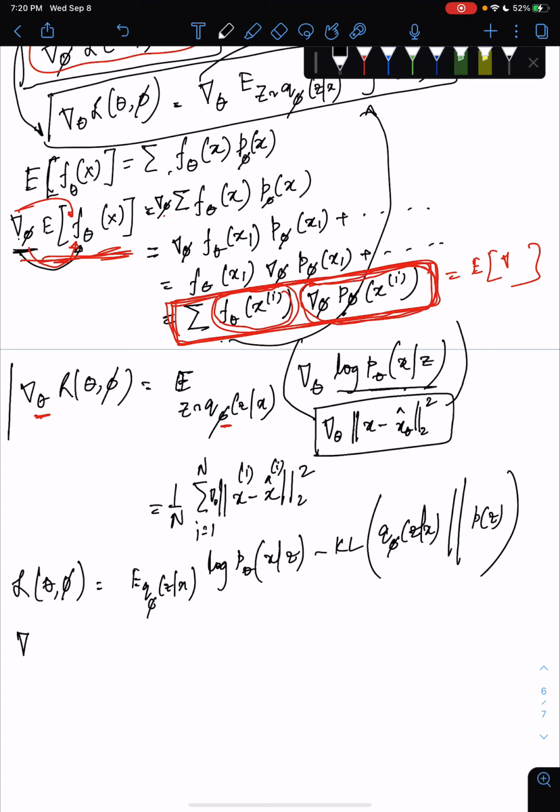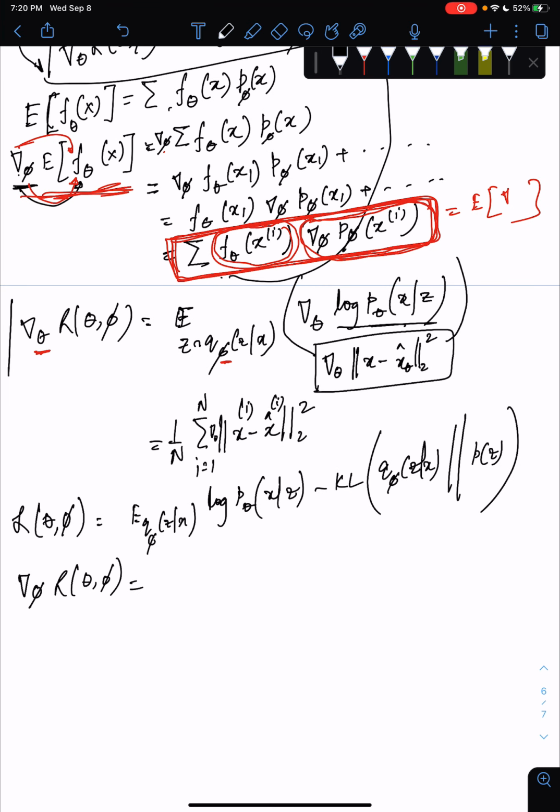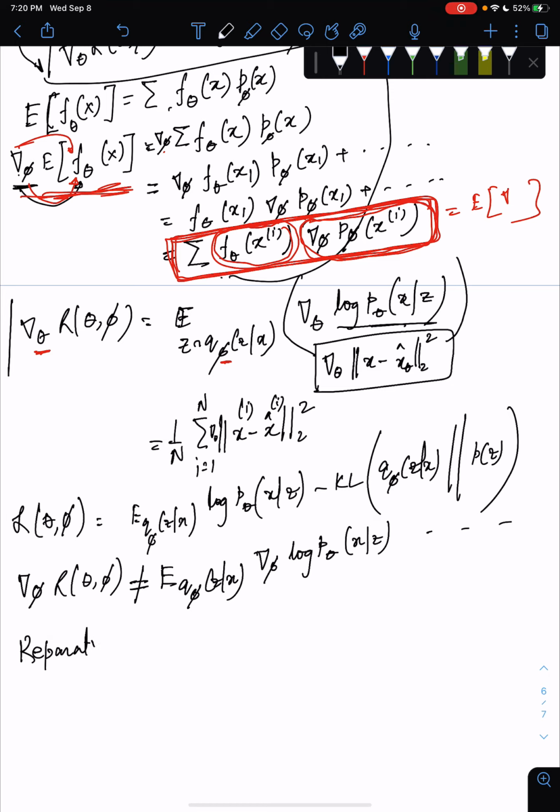This time we are taking the gradient like this, and we cannot push my gradient inside the expectation of q phi z given x. We have to do something. This something is called the reparameterization trick.